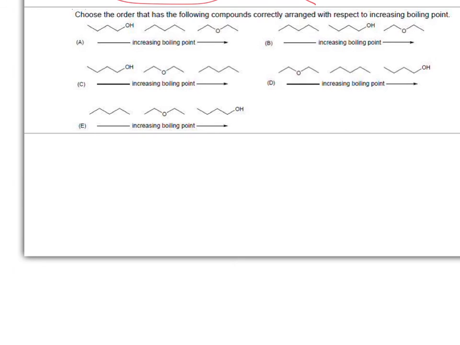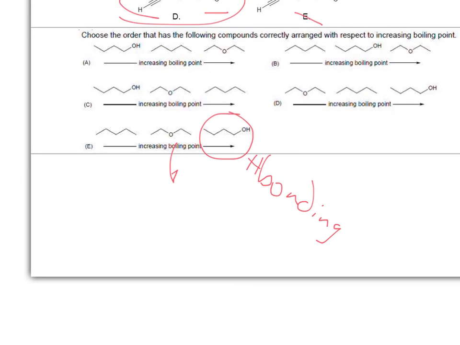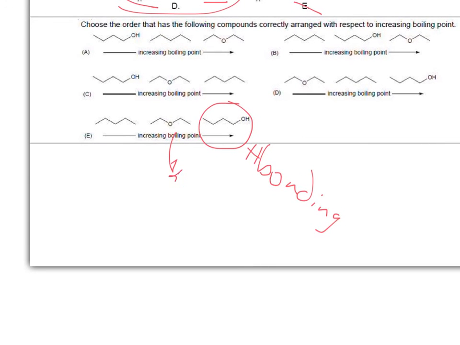Okay, the next question basically has 3 different compounds. One is an alkane, another is an ether, the third is an alcohol, and you have to correctly arrange them with respect to increasing boiling point. So hopefully you can just recall from organic 1 that the alcohol is going to have the hydrogen bonding, and the ether is going to show polarity, and so the only thing that it will have is dipole-dipole interactions.